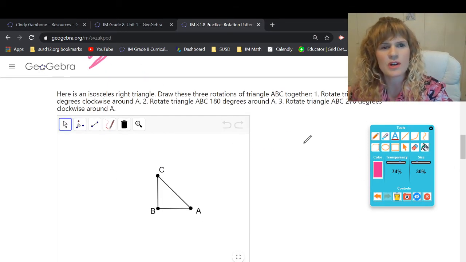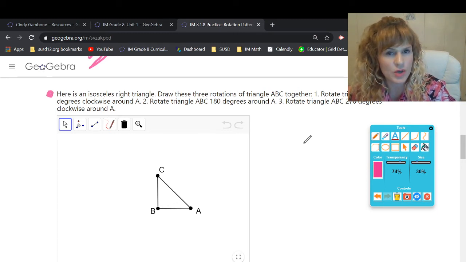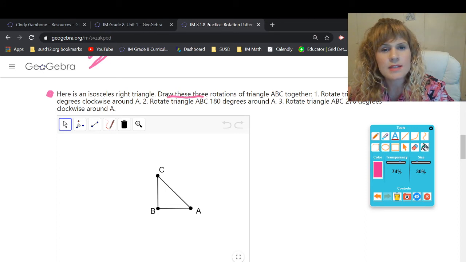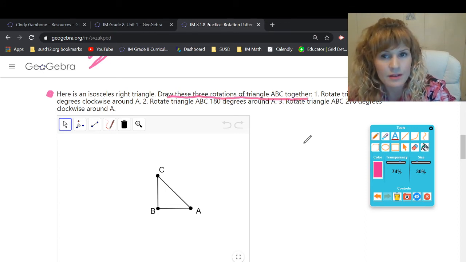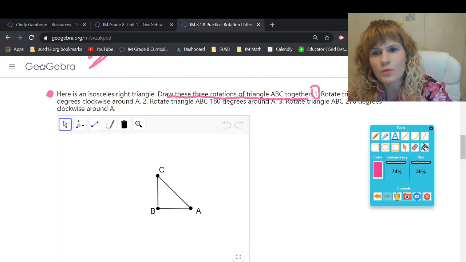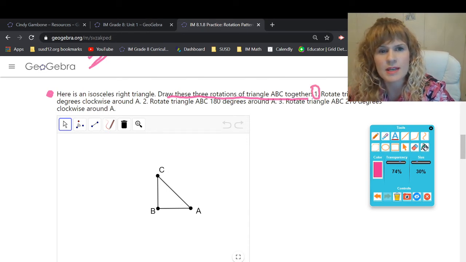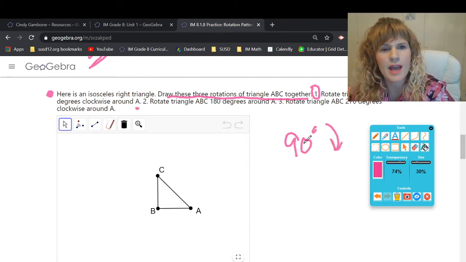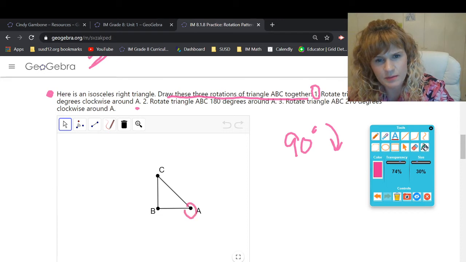The next instruction says, here is an isosceles right triangle. Draw these 3 rotations of triangle ABC together. Number 1, rotate triangle ABC 90 degrees clockwise around point A. I'm going to circle that center point right there.